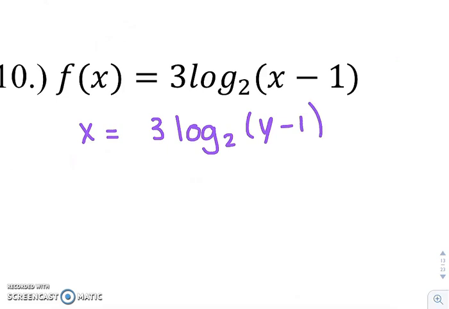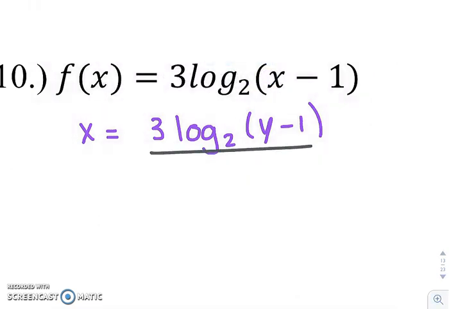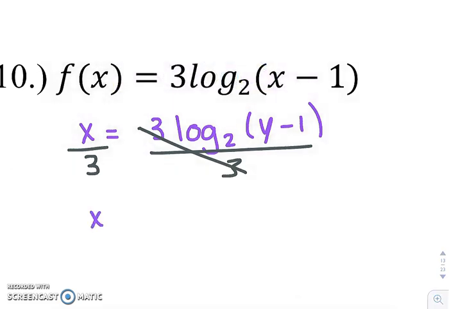So here, 3 is being multiplied by this log, so we would need to take care of that first. So if it's 3 times that, we're going to divide both sides by 3. That will go away on the right. So we'll have x over 3 equals log base 2 of y minus 1.